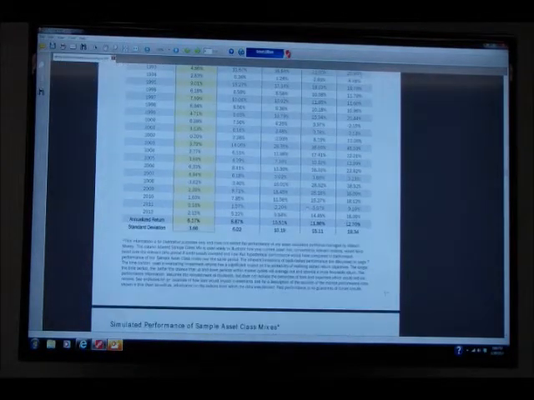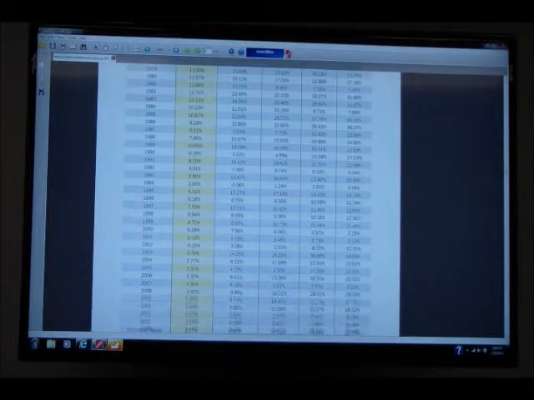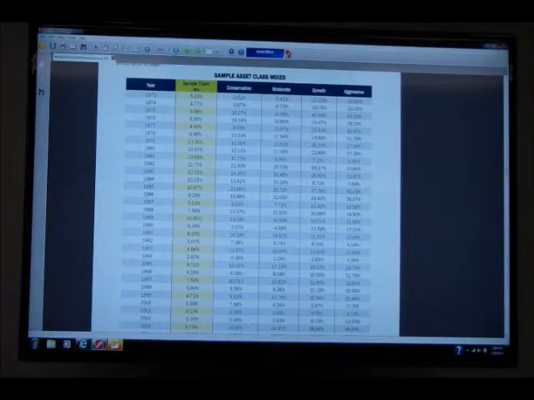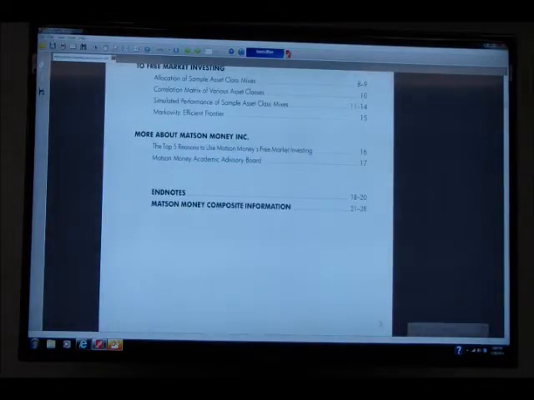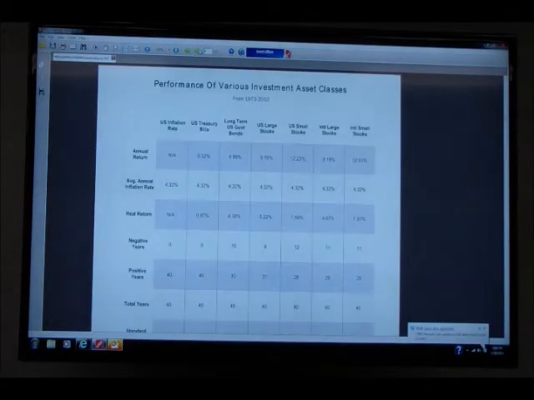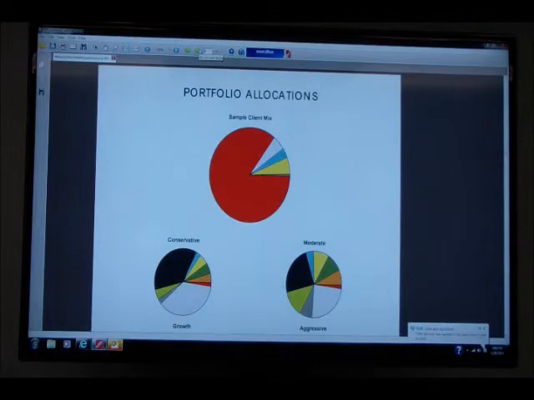But as you can see here, high standard deviation risk, bad if you are a conservative person. But you see the annualized returns, when you go from the more conservative, moderate to more of the growth and aggressive, it's a bumpier ride.